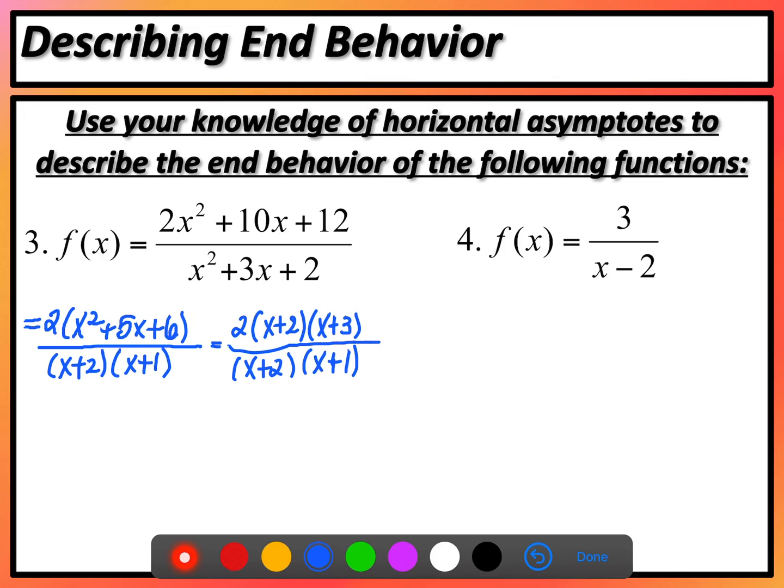All right, and when you need to factor, you don't have to show your grouping, okay? But just remember that if there is no grouping work and the factors are not correct, there's no partial credit for that. All right, so I can cancel these.